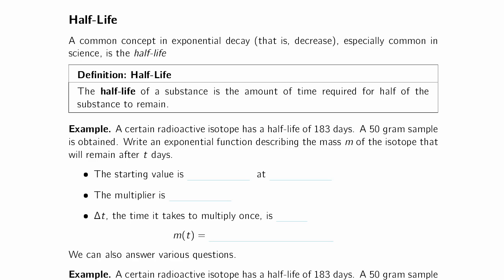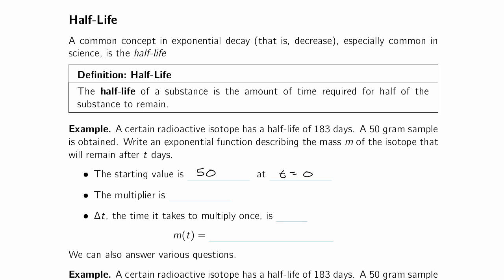So it's the time required to multiply by a half. If we're told that a certain radioactive isotope has a half-life of 183 days, and we obtain a 50-gram sample, that means the starting value of our mass is 50, and that happens at t=0. A 50-gram sample is obtained, means we start out with a 50-gram sample.